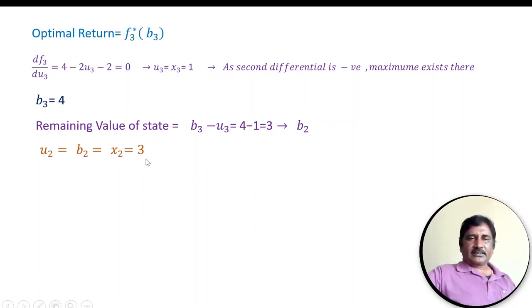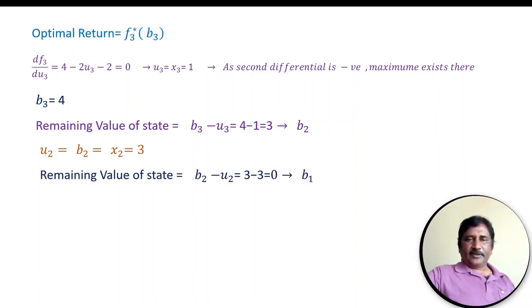Now once again, out of this 3, which was the value of the state variable for the previous stage, I have utilized the complete 3 for x2. So the remaining value of the state is 3 minus 3, which is equal to 0.